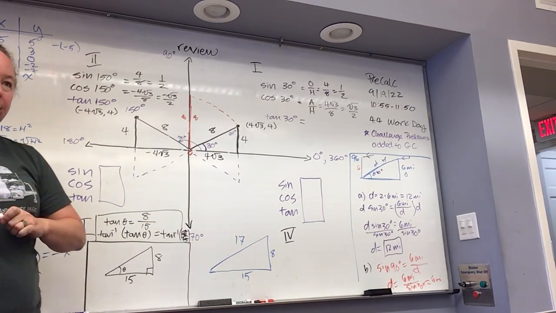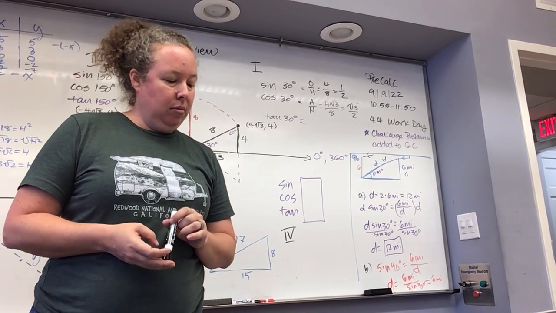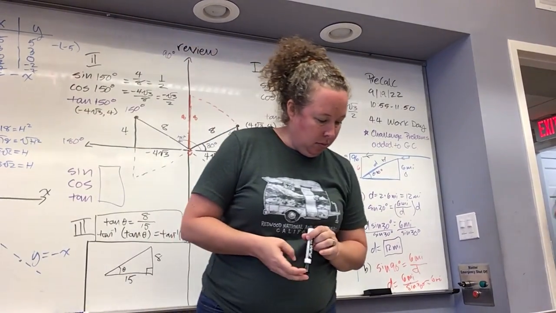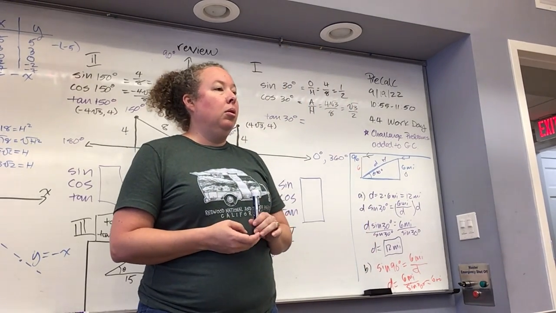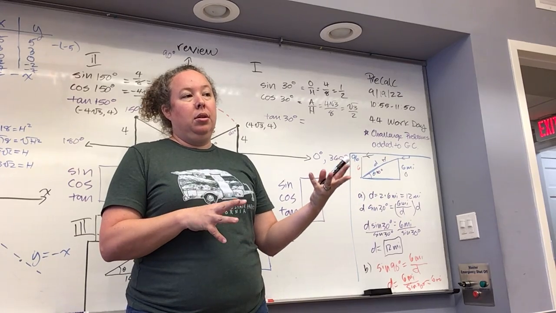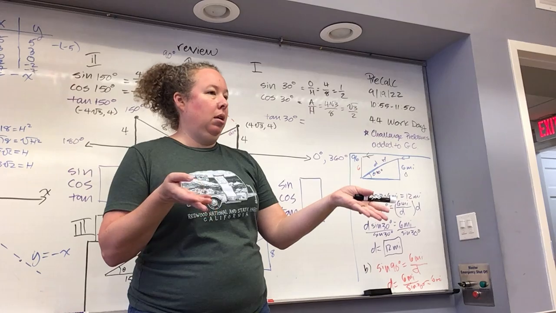Yes, Quinn. Going back to 45, we don't have a single side length to find the proportions. You can pick a side length.